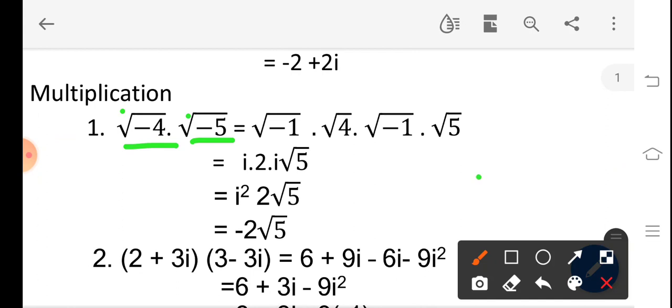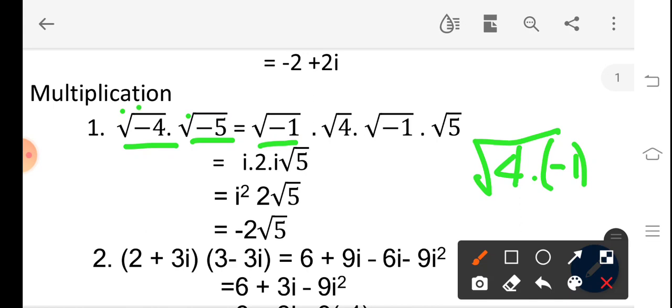So that is the square root of 4 times, that's negative 1. So just bring out the negative 1. Now, negative 1 times the square root of 4 is the square root of negative 4. It's the same as this one.